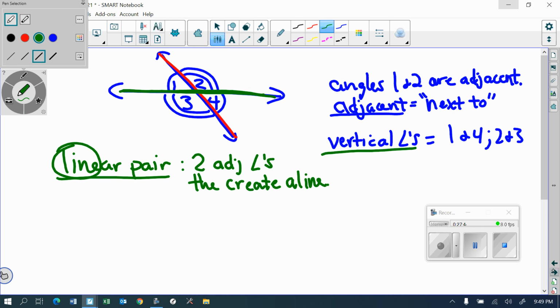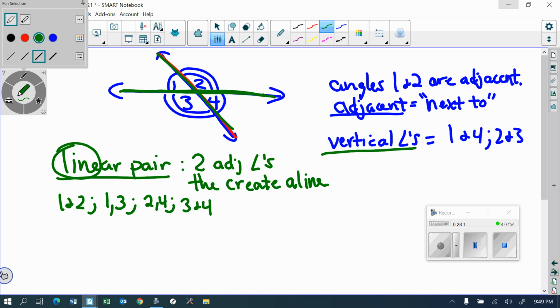Both of these, so angles 1 and 2 create a line, angles 1 and 3 create a line, angles 3 and 4 create a line, and angles 2 and 4 create a line. All those are linear pairs. So 1 and 2 is one, 1 and 3 is another, 2 and 4 is another, and the last would be 3 and 4. Those are all linear pairs.